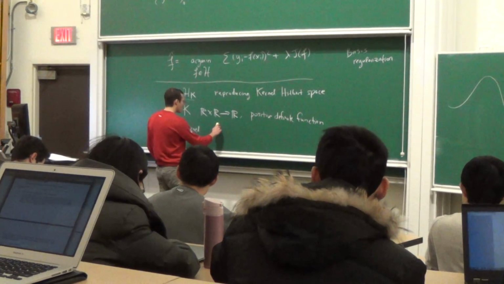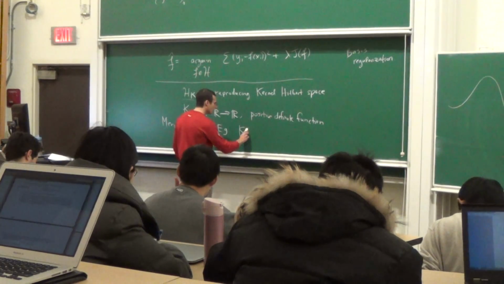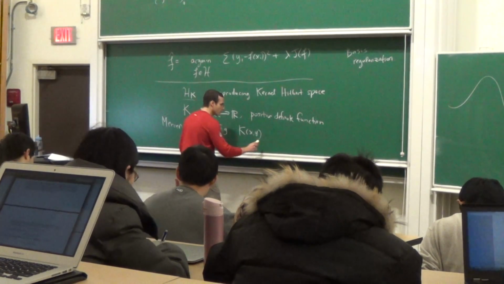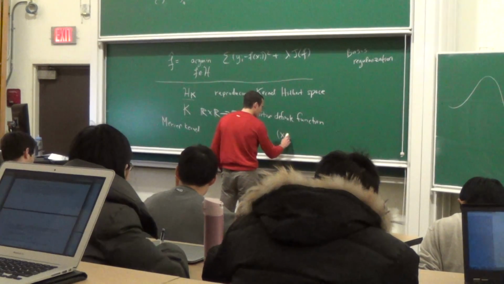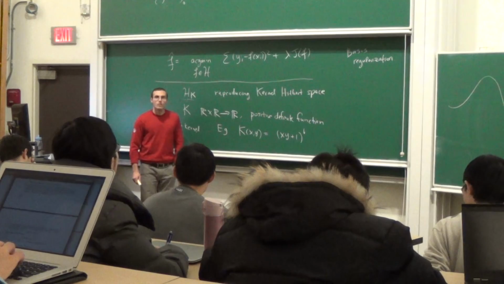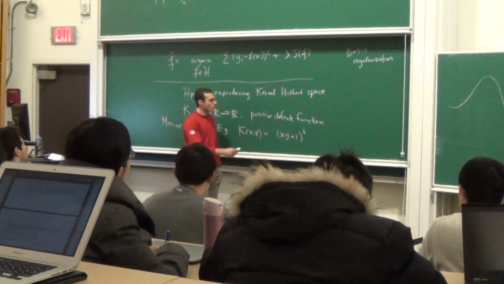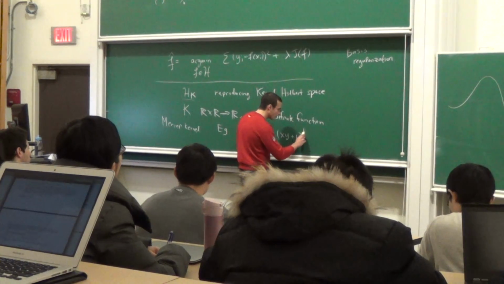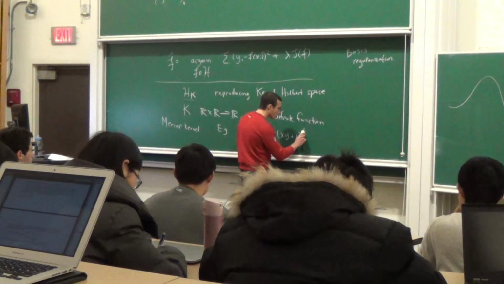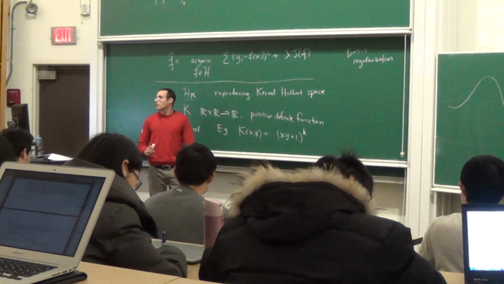So some examples of kernels are the polynomial kernel. K of x, y ends up being (x times y plus 1) to the k, for some polynomial order k. And so when we use this polynomial kernel, we get things that look like piecewise polynomials.